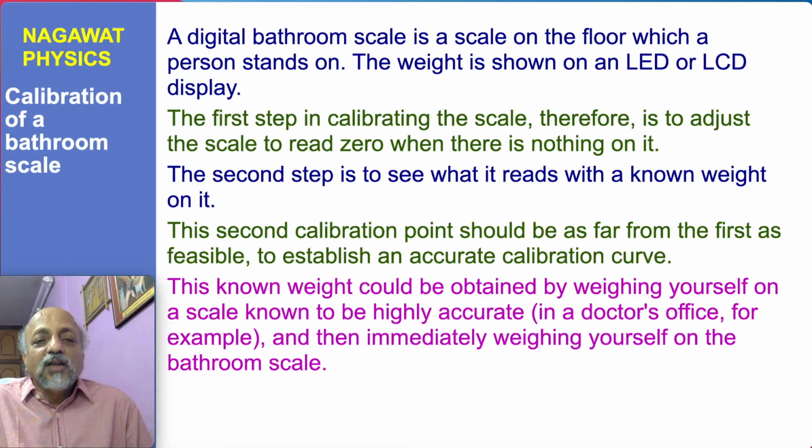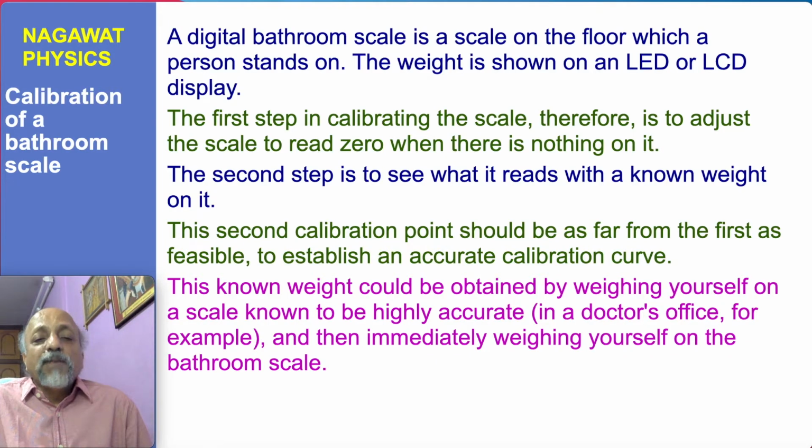The second step is to do calibration with a known weight, and you should use a weight as close to the scale's maximum value as possible, because each scale has a certain maximum value. Later we will come to know that it is better to calibrate at many test points.